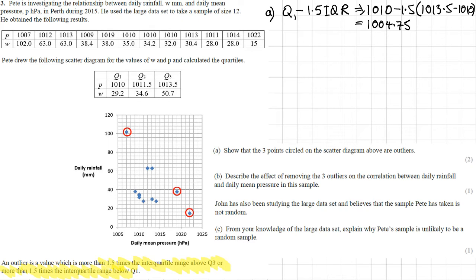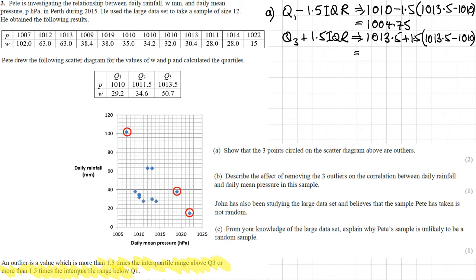Let's do the same for the upper end. So that's going to be Q3 plus 1.5 times the interquartile range. So that is going to be 1013.5 plus 1.5, again times the interquartile range, 1013.5 minus 1010.